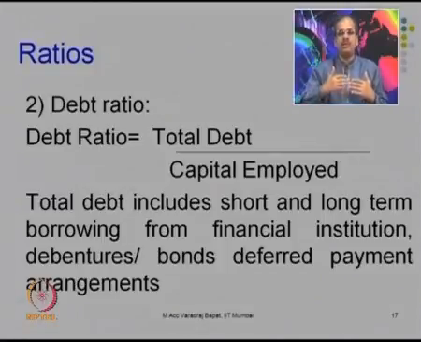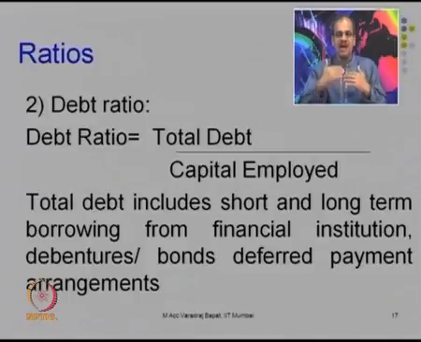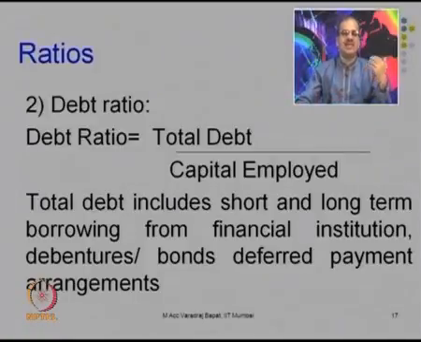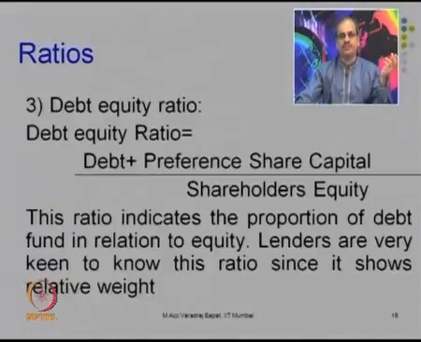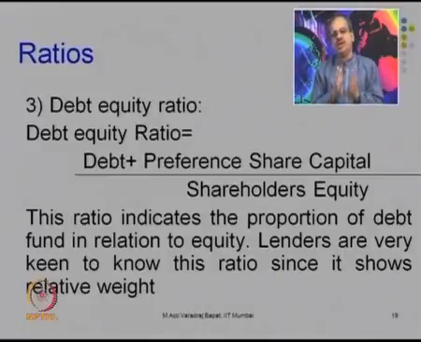It will also be able to increase its profitability. So, a reasonably high debt ratio could be good, but if it is too high, then the risk levels really go high. There is a third ratio, debt equity ratio, in which we try to see the debt funds to equity funds.